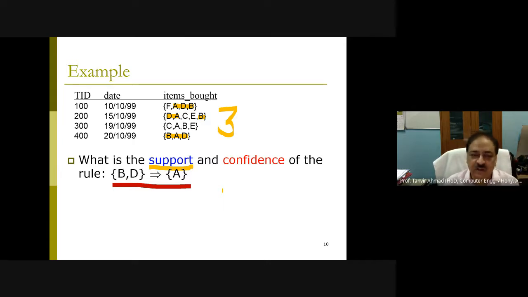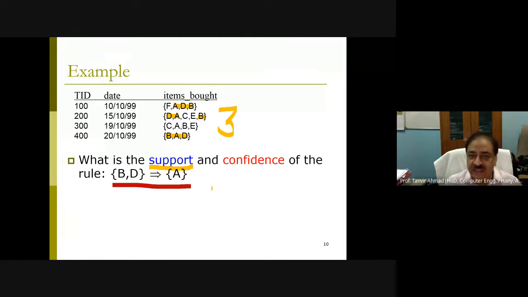Now let us try to find the confidence of the rule. For the confidence, you first have to check the left hand side. That means the support of BDA divided by support of BD. What is the support of BDA? 3.